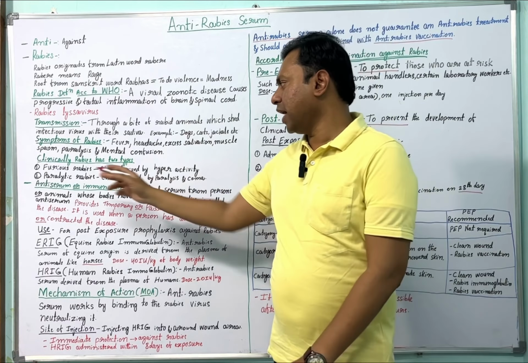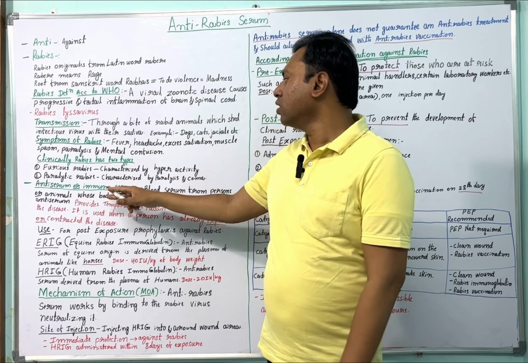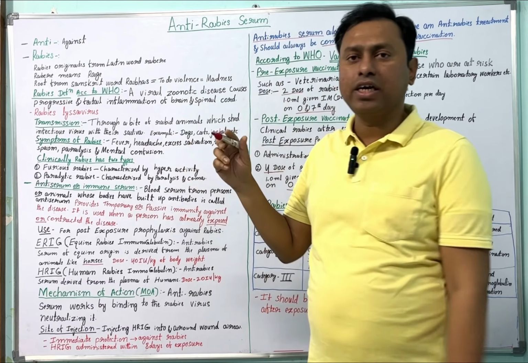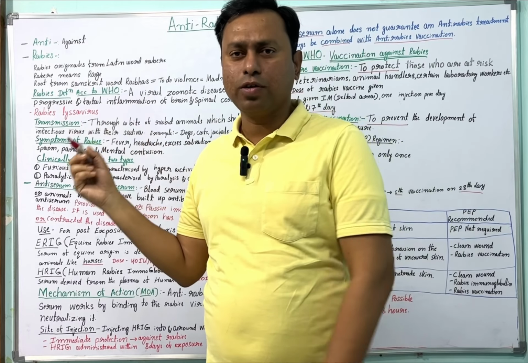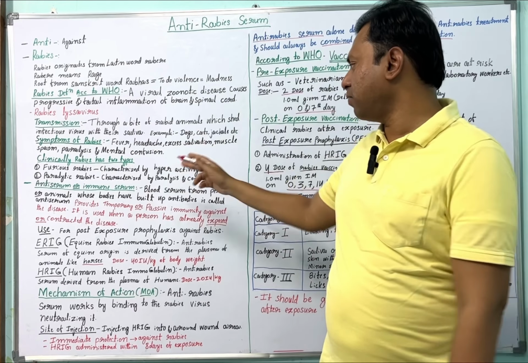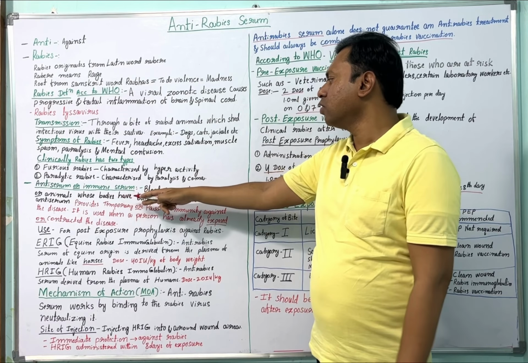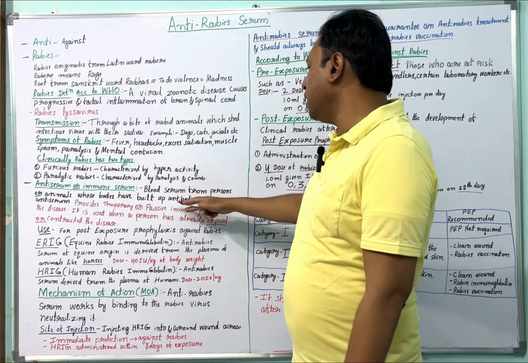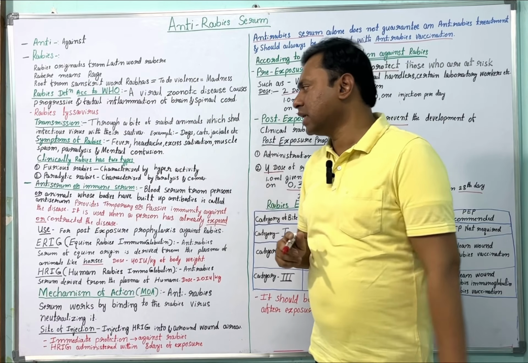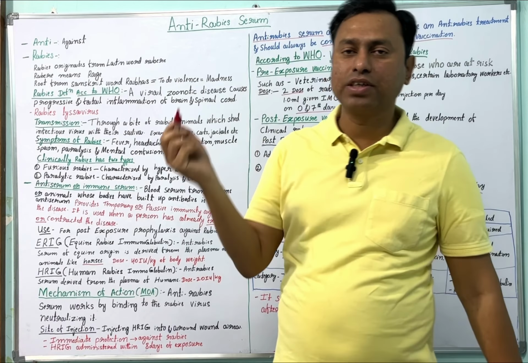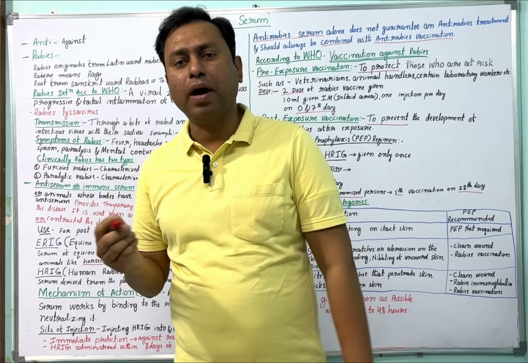The next term is anti-serum, or immune serum. We already studied it in the last classes, in the last videos. What is anti-serum? Again I am explaining: a blood serum from a person or animal whose body has built antibodies is called an anti-serum. It is one type of passive immunity.